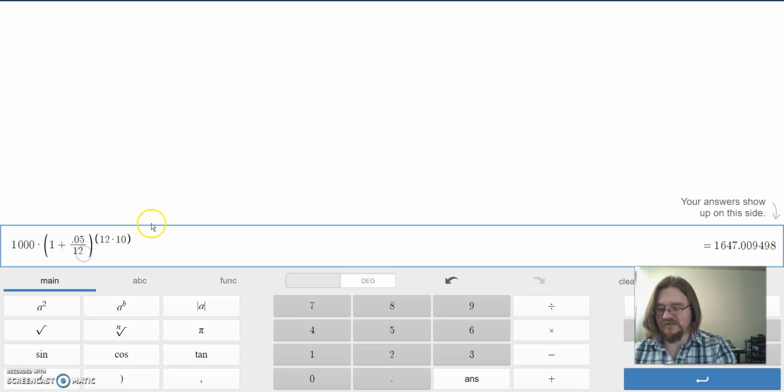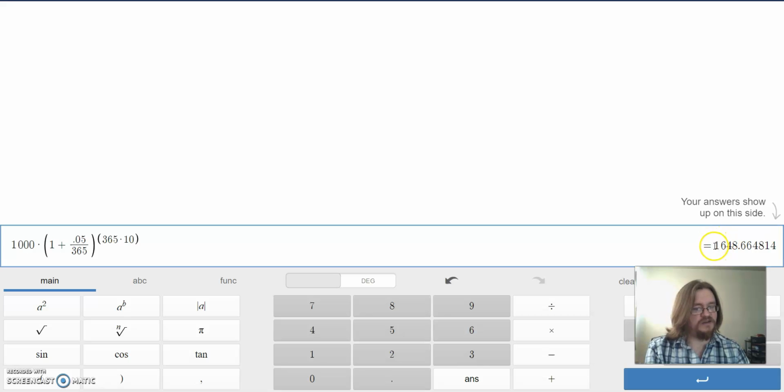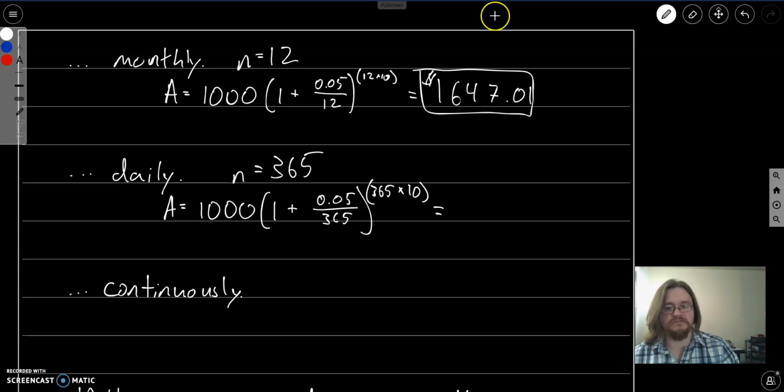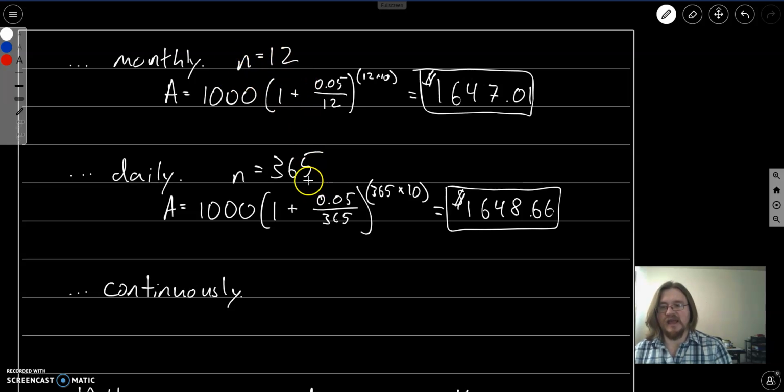So we're changing 12 to 365, and we get 1648.66. So we can see that the difference between compounding something monthly and daily, sure, compounding something daily is going to be a little bit more than monthly, but not a whole lot more.